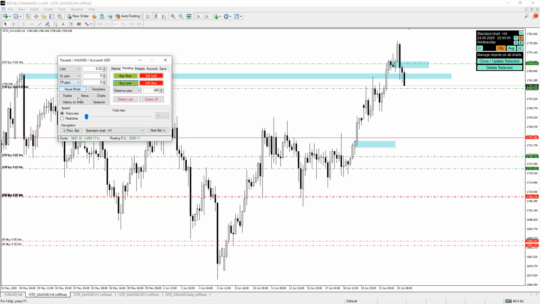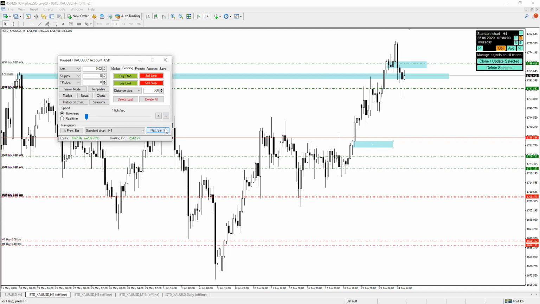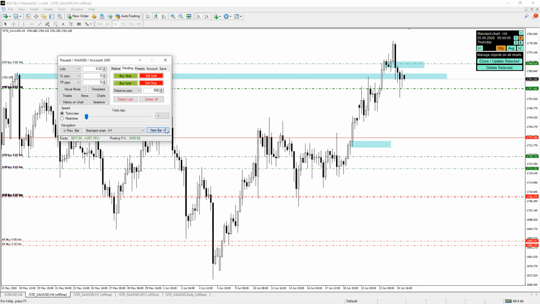Okay, no, seems like that's not close. So, let's see. Remember how we were saying this area. So that's an area that we may be seeing price react from.